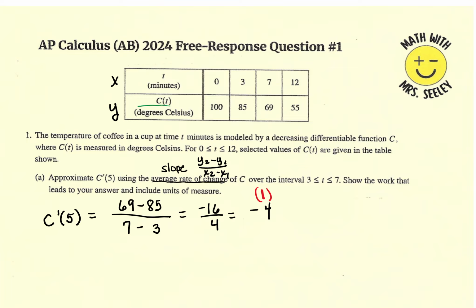So take your y words over your x words, and that's going to give you your units. So that would be degrees Celsius, and then we write those units over minutes. So degrees Celsius per minute. If you get your units correctly, also give yourself one of those points for the total up to 9.